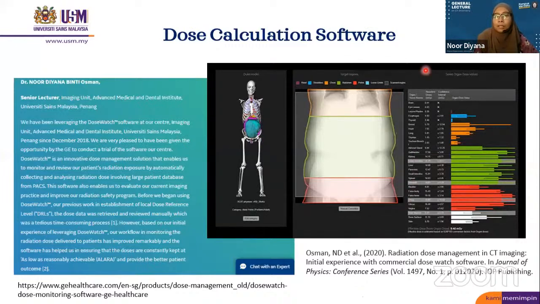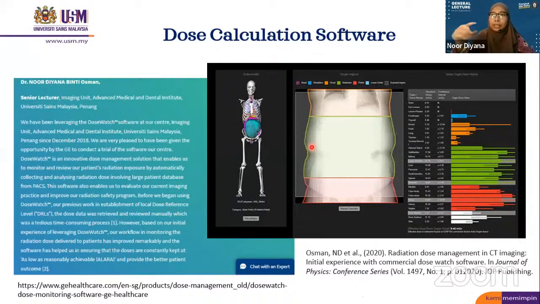Okay. So this is one of my publications. We share our experience with commercial dose watch. Okay. Another thing is it can track your dose from CT examination, and then it can give you information on the higher dose.